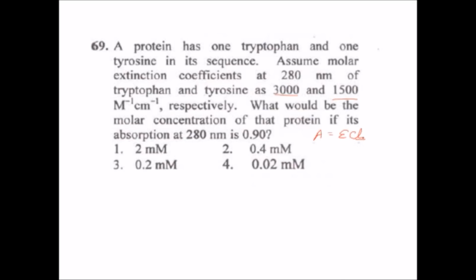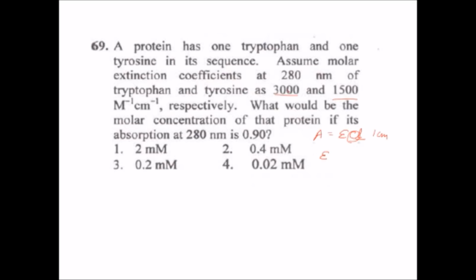L is the path length of the cuvette, or the path length of the light which travels across the cuvette. It is standardized as 1 centimeter. We have to find out the concentration, and epsilon is given. Now, here the trick is that as there are two amino acids, to calculate the extinction coefficient of tryptophan and tyrosine in the same sample, the absorption is due to the presence of both tryptophan and tyrosine.